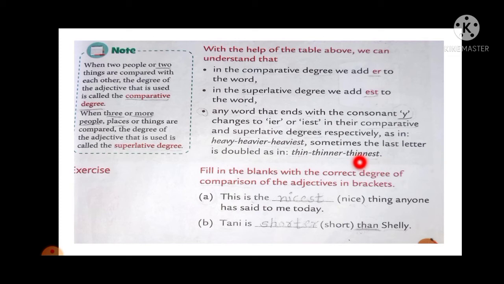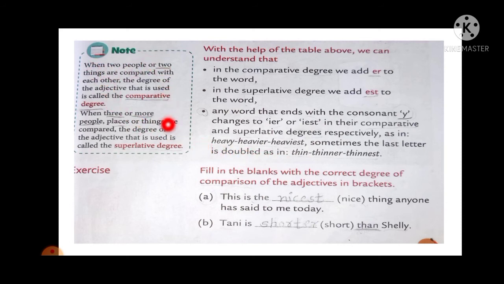Don't forget to put double n. For example, big, bigger, biggest. In the spelling of big, the g will double here. Big, bigger, biggest, thin, thinner, thinnest. You have to remember this change while you are changing the words.